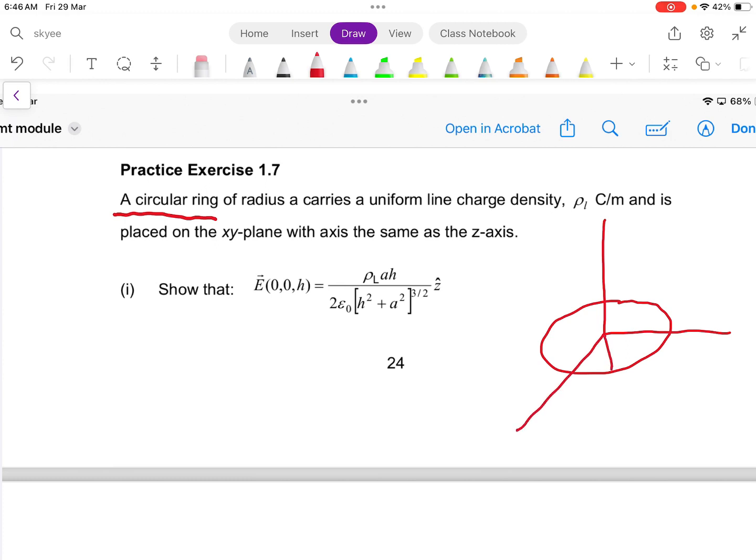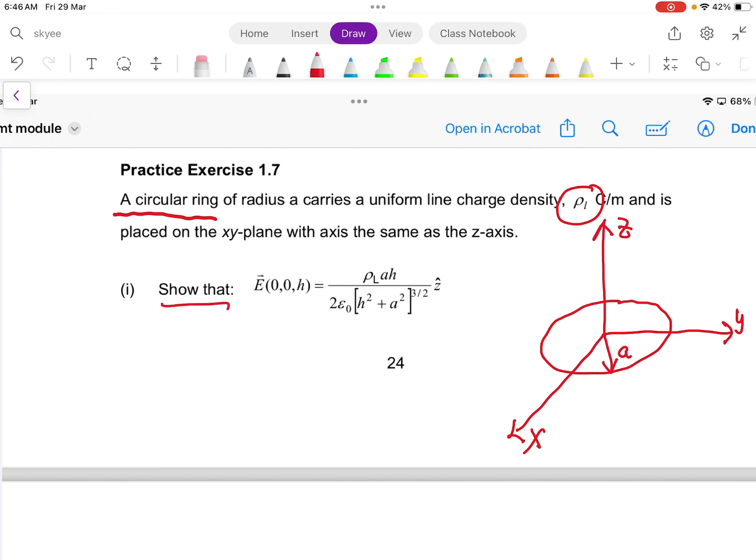It carries a uniform line charge density, and is placed on the xy plane with its axis the same as the z axis. So here is your z, y, and x.